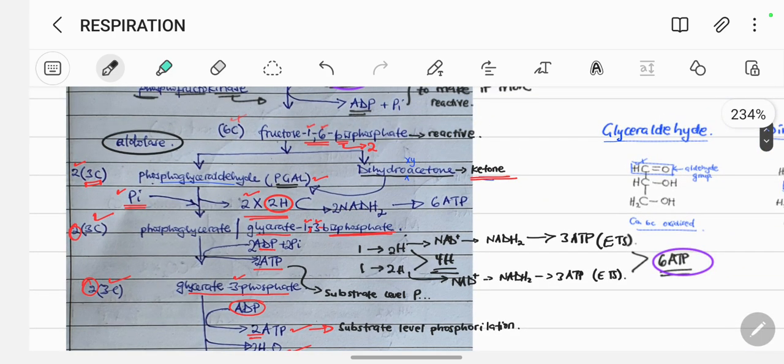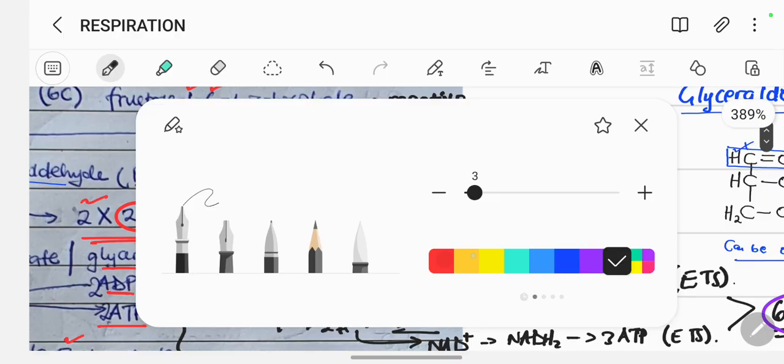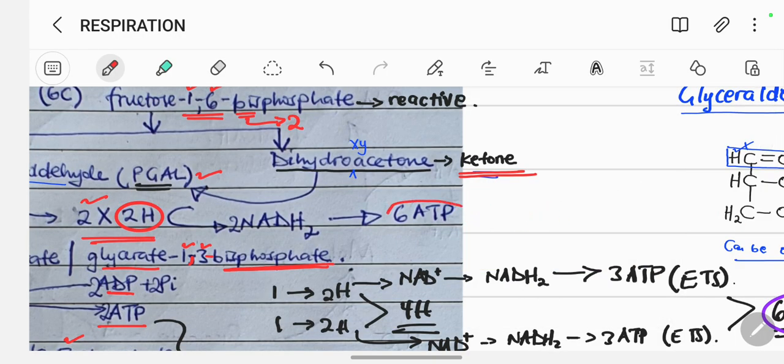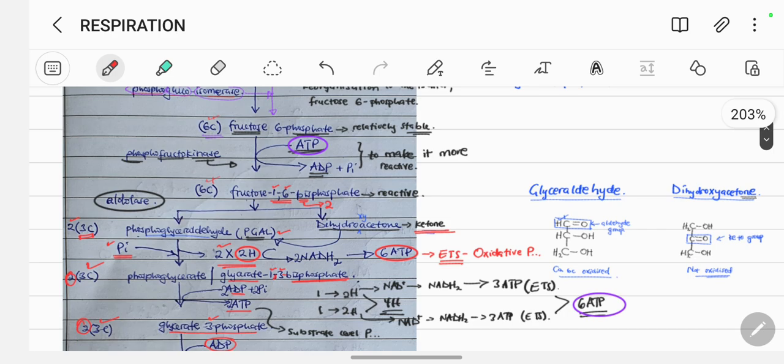And the ATP that is formed here, these 6, these ones are as a result of the electron transport system. And we know very well that this one is oxidative phosphorylation, like that.